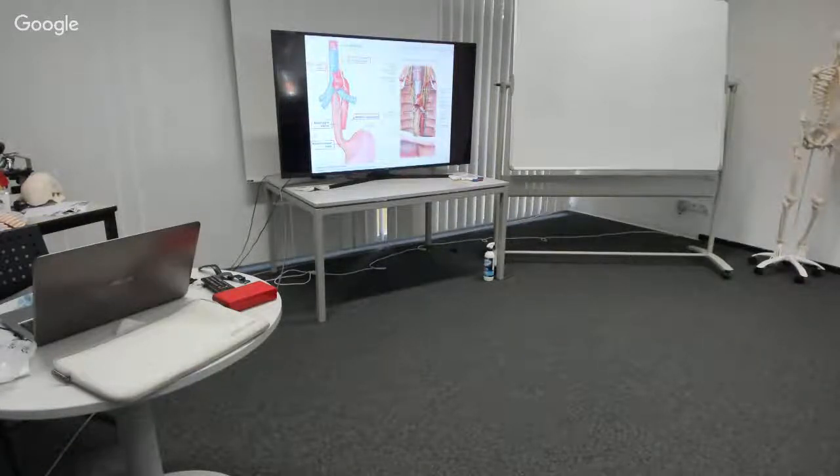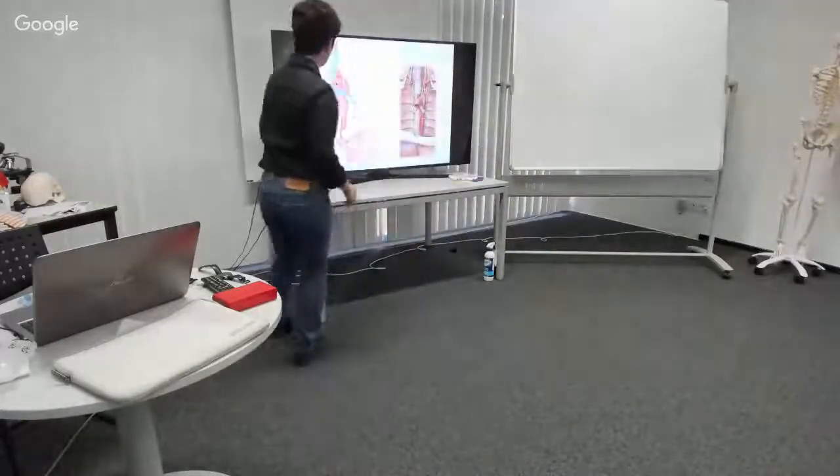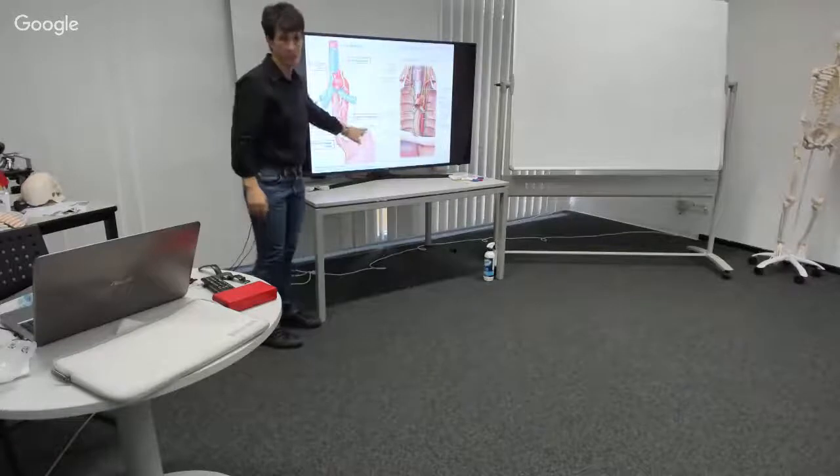So another important relation of the esophagus is with the vagus nerve. Actually we have two vagus nerves, one right and one left. And at the beginning, they descend on both sides. Do you see these rectangles again?